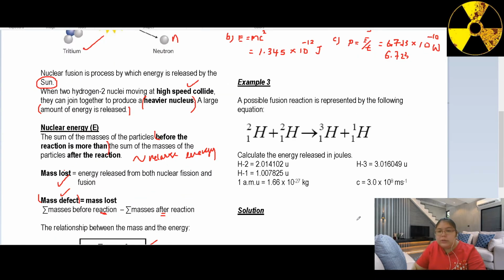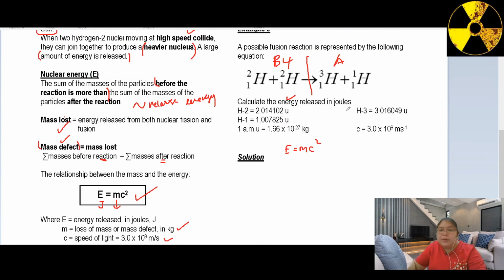A possible fusion reaction is represented by the following equation. Same again, so they want to calculate the energy. So you want to calculate energy, you write the equation first. Excuse me. The M, you must find out the mass defect. So we go to separate. This one is before, this one is after.